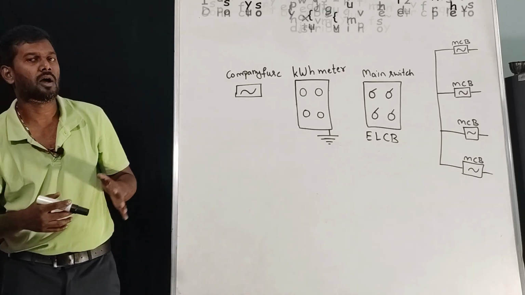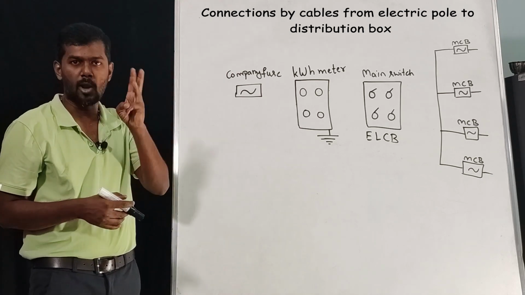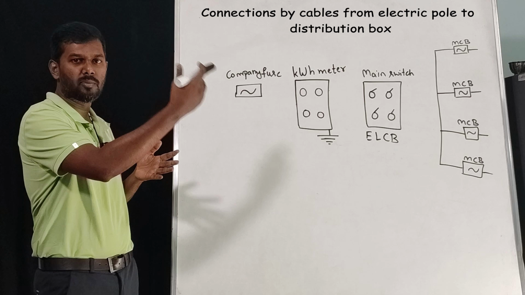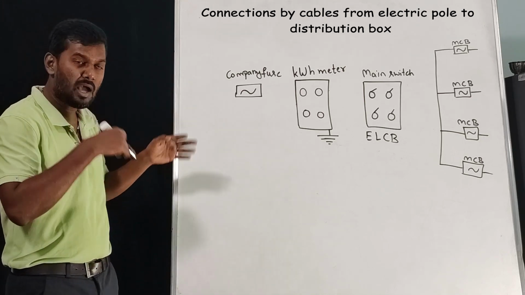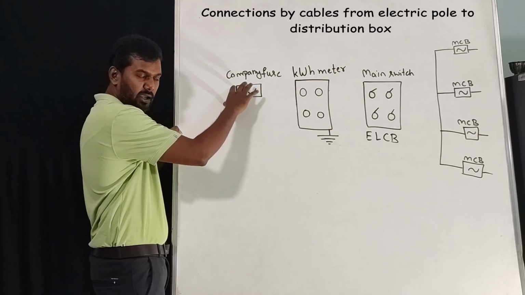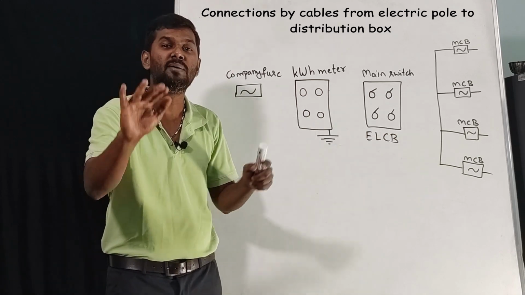As I told you, the complete power transmission and house wiring system has 3 block diagrams. One we have already learnt, that is the transmission of power from the generating station to the consumers. Now, from what the consumers get, to different houses in the same building.